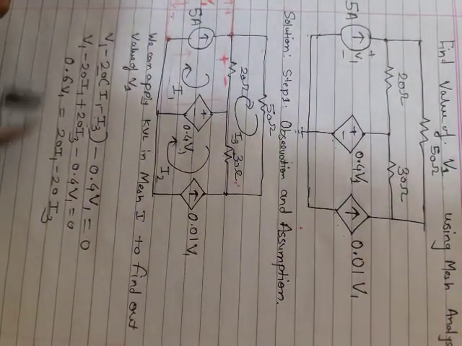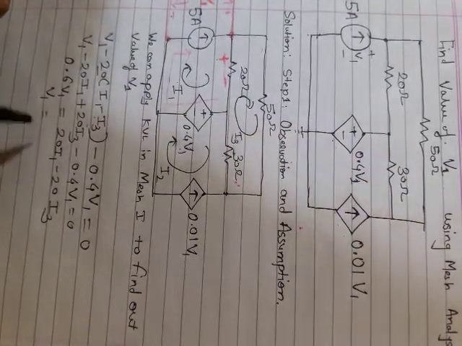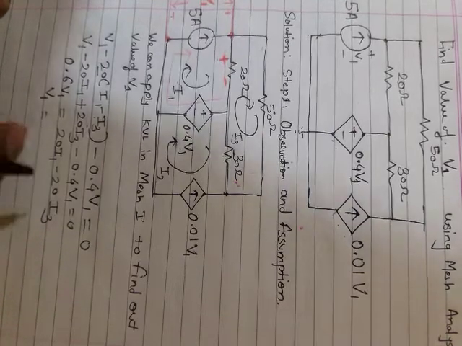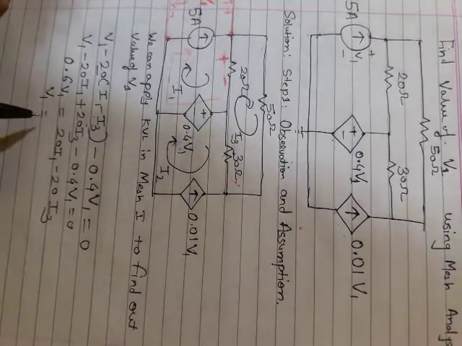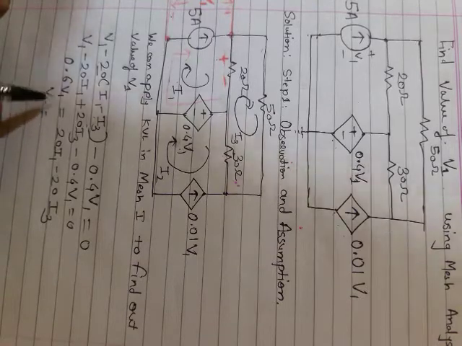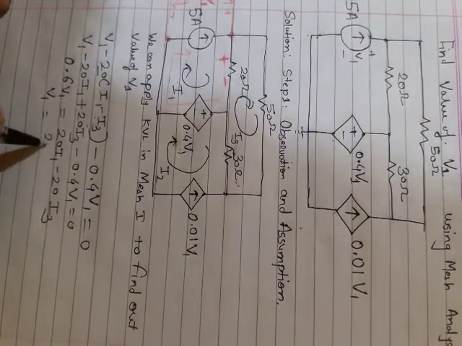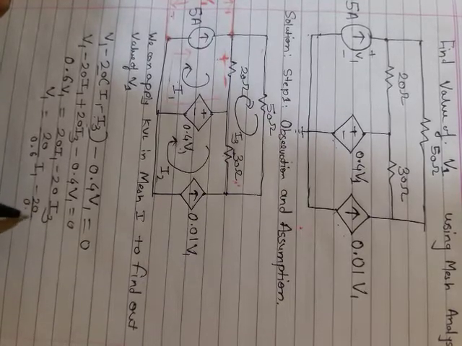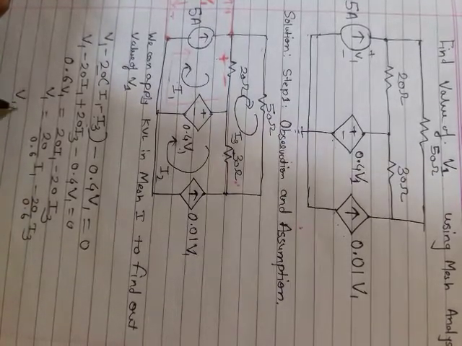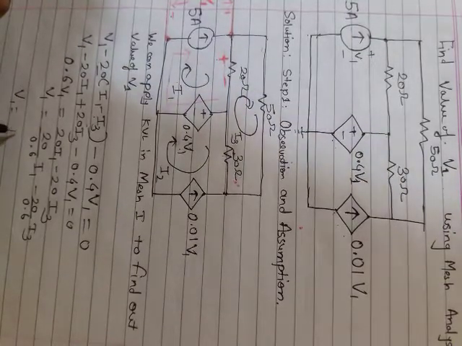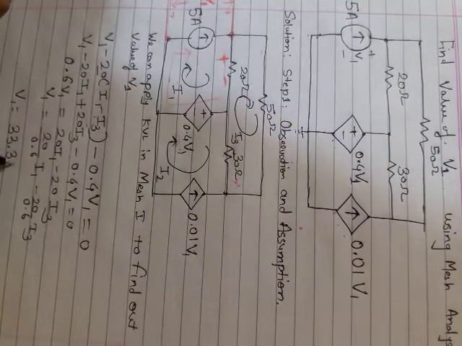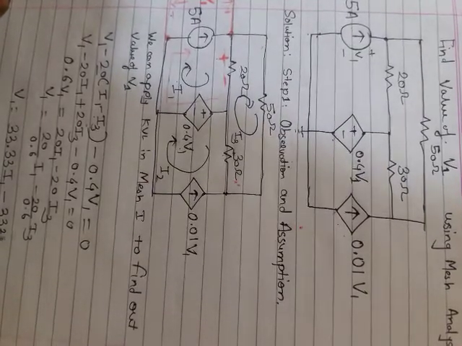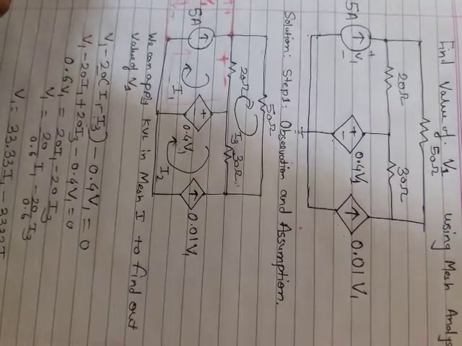So if we divide each and every term on the right side by 0.6, we get 20 divided by 0.6 I1 minus 20 divided by 0.6 I3. So V1 is equal to 33.33 I1 minus 33.33 I3.